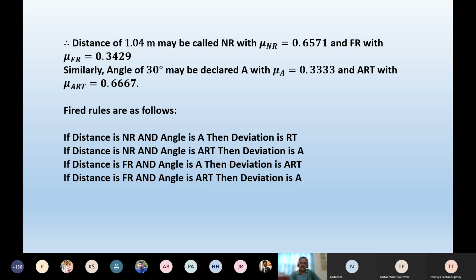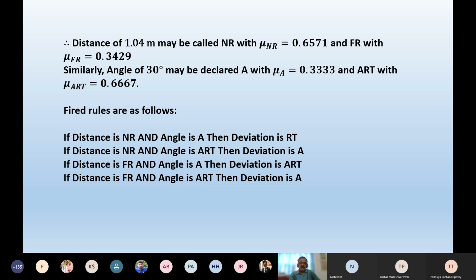And what are the fired rules? If distance is near and angle is ahead, then deviation is right. This you can see from that manually constructed rule base, which is present in the rule base table. Next is if distance is near and angle is ahead right, then deviation is ahead. If distance is far and angle is ahead, then deviation is ahead right.